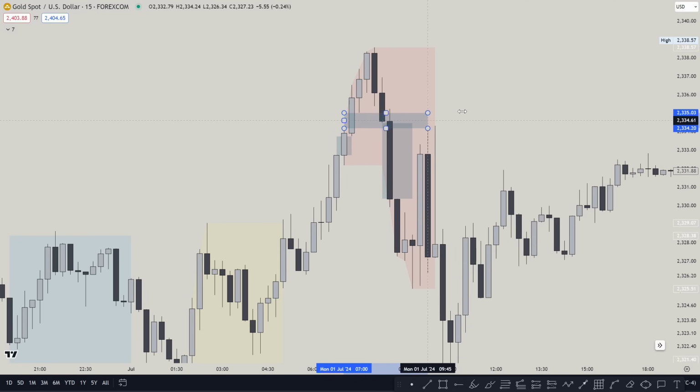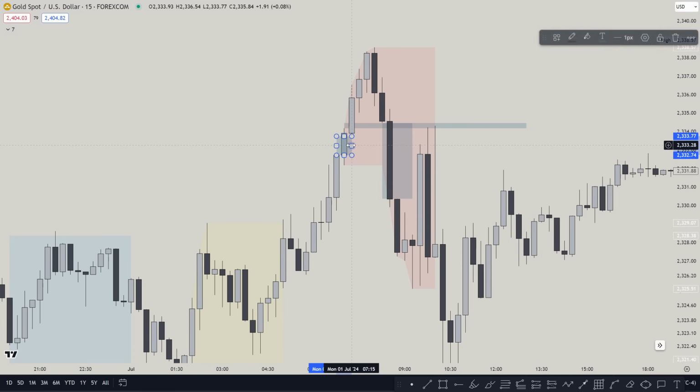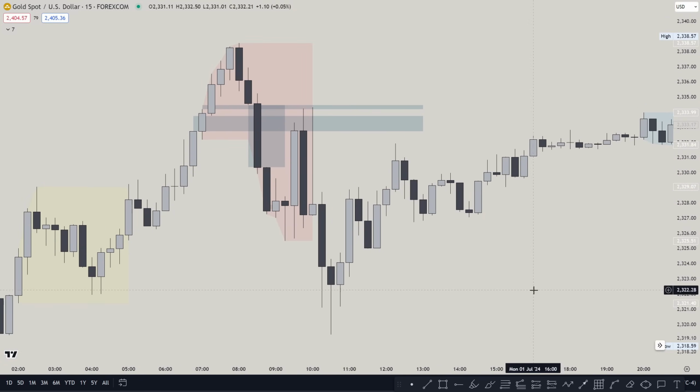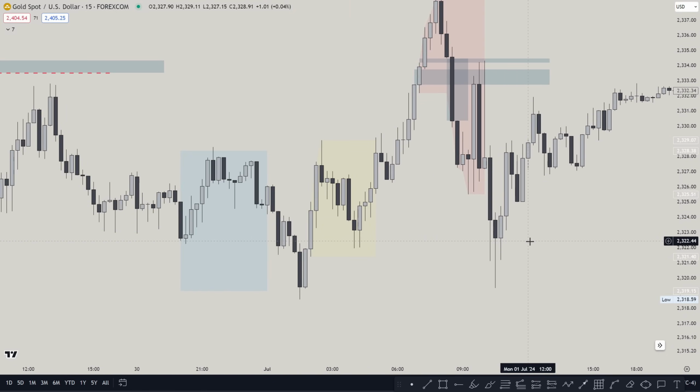You can have this one here, which overlaps with this part of the fair value gap, and this one here, which overlaps with the whole part of the fair value gap. We can see the extreme one, price came to it with a wick. The one below, price also came with a wick and started rejection. So both of those are valid, but the extreme one is higher in probability.